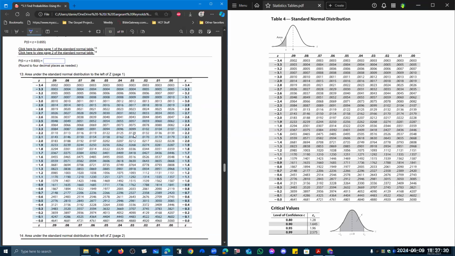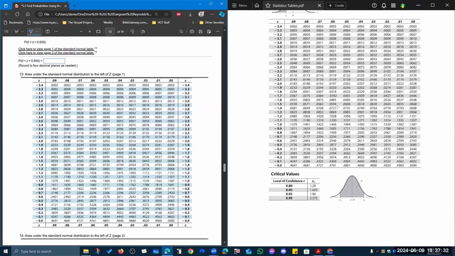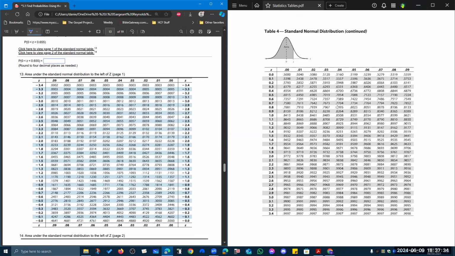So 0.65 is 0.7422. We're going to be averaging this with 0.66, which is 0.7454.